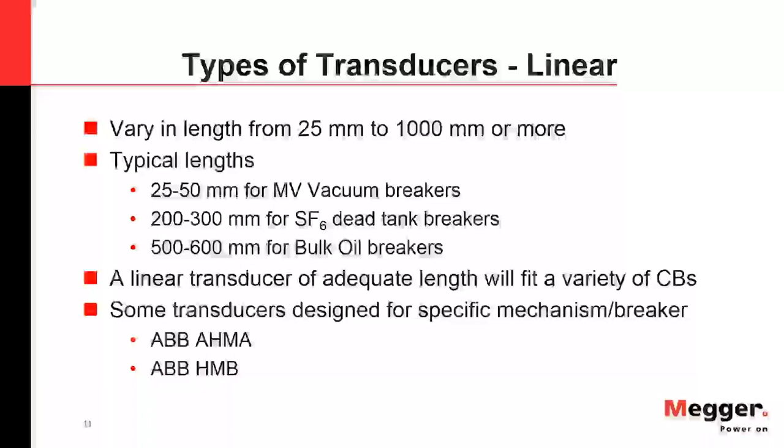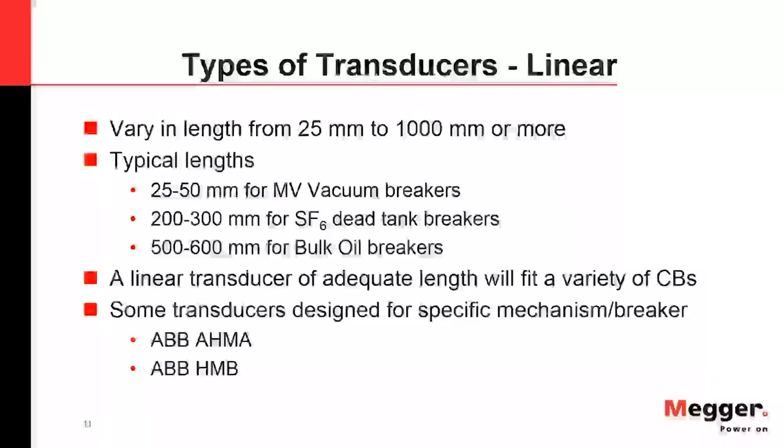You could take a 200 or 300 millimeter transducer and hook it up to a vacuum circuit breaker and still measure it. It's just that sometimes physically it's not easy to hook up a larger transducer in that small volume inside a vacuum circuit breaker to connect to those contacts.